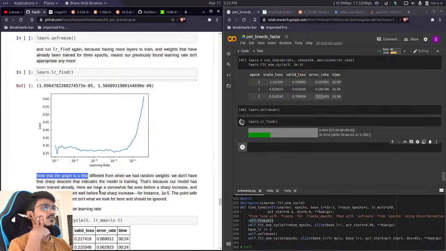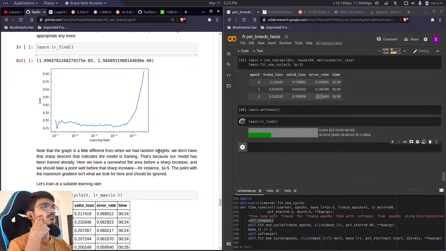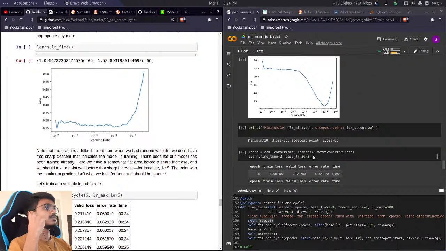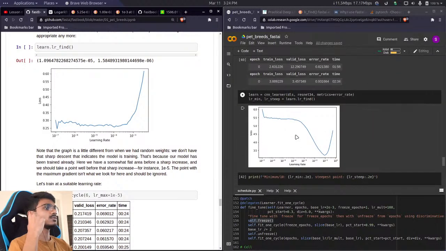The graph is a little different from when we had random weights. We don't have that sharp decline that indicates the model is training. This graph was when we had random weights.